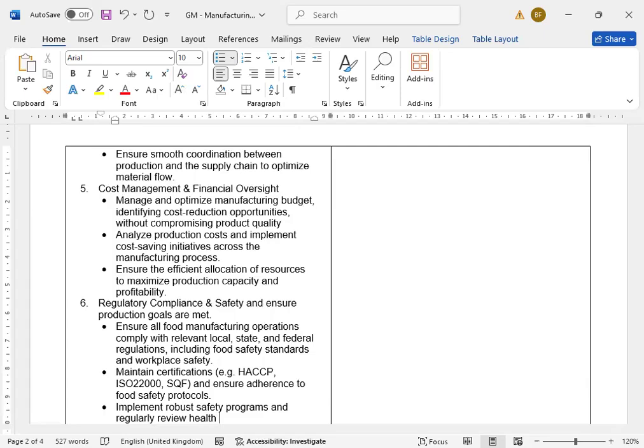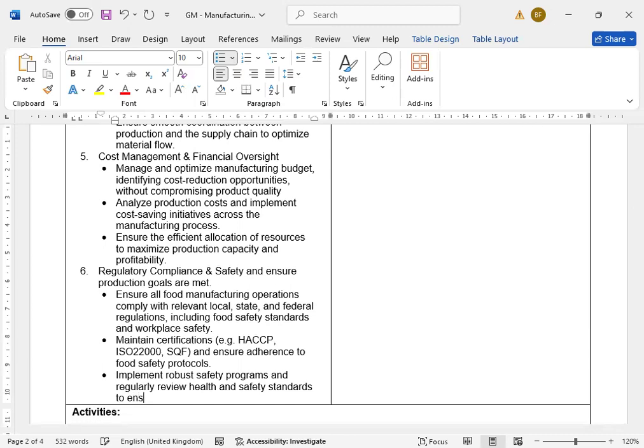Okay, so we have to review health and safety standards to ensure a safe working environment. There could be fire hazards, chemical hazards, physical hazards.